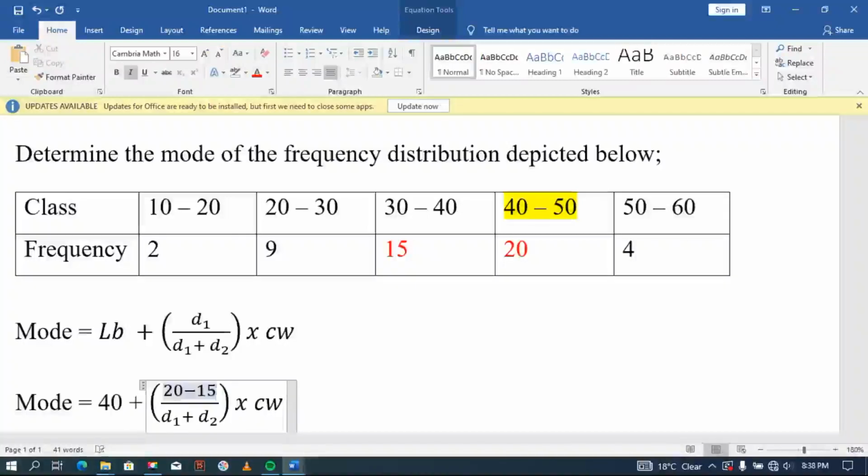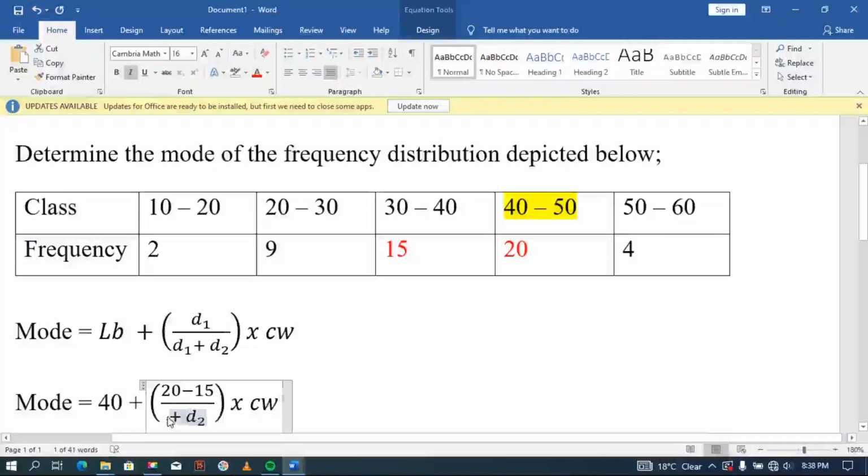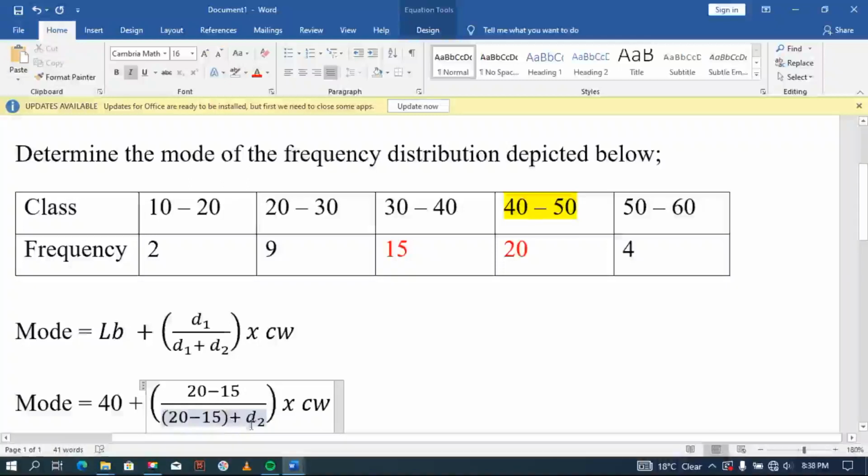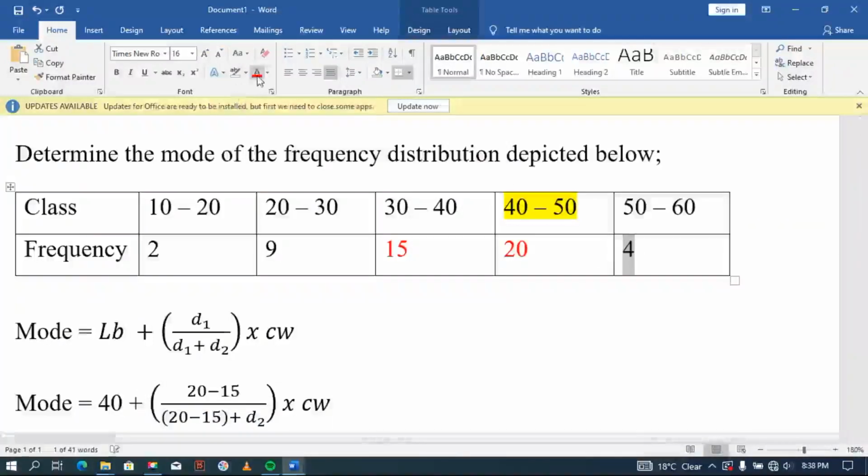Then our D2 is the difference between the modal frequency, that is the frequency of the modal class, and the frequency of the class after the modal class. The class after the modal class is 4, meaning D2 will be the difference between 20 and 4.